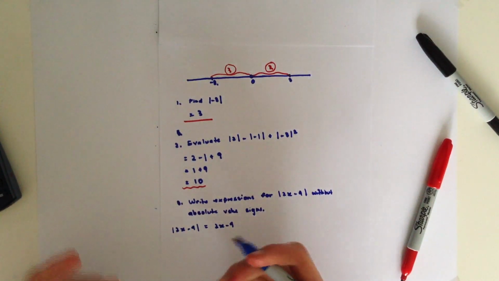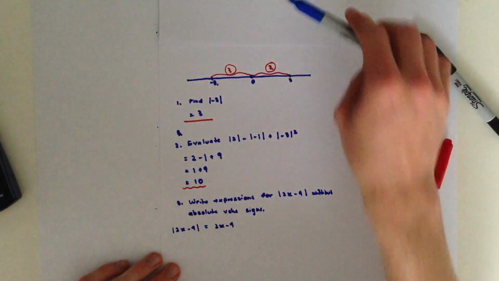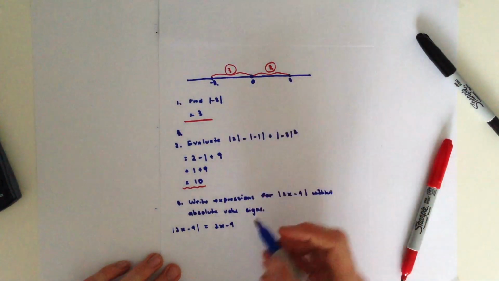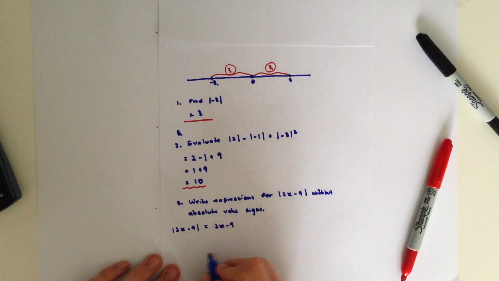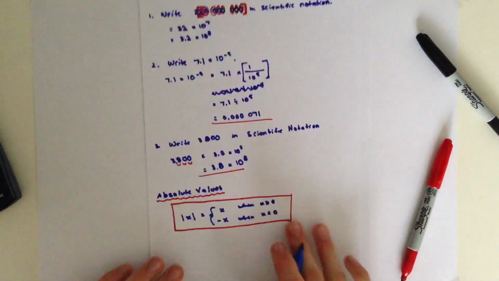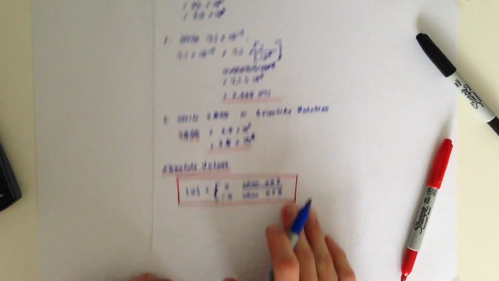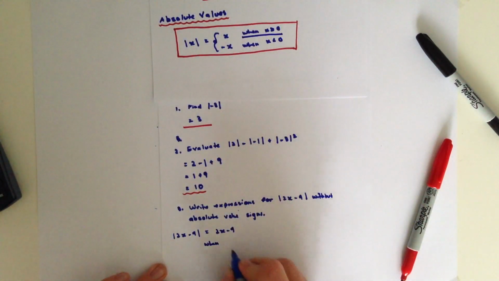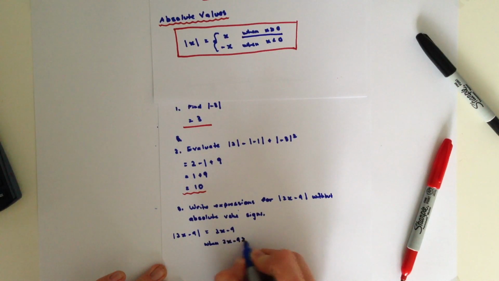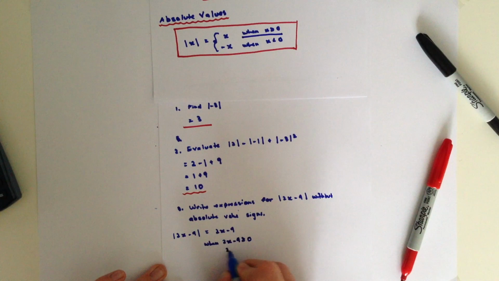If we look back at this definition here, the positive is when 2x minus 4 is greater than or equal to 0, so 2x is greater than or equal to 4, x is greater than or equal to 2.